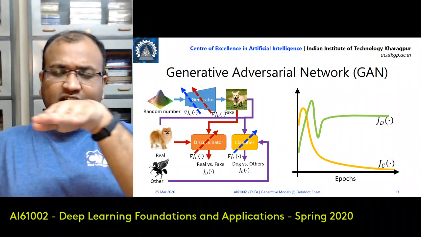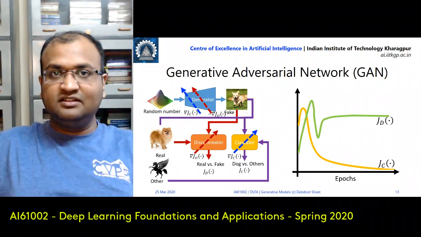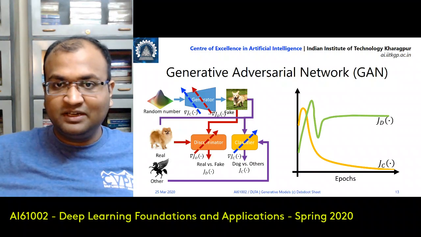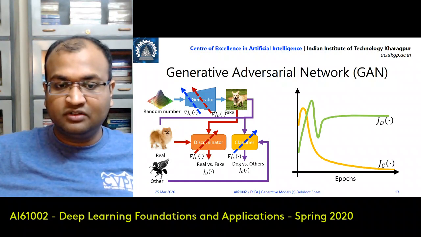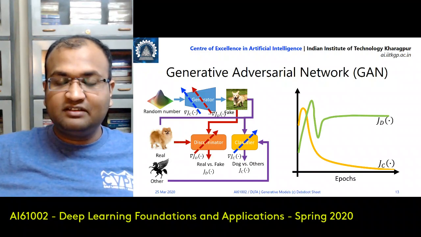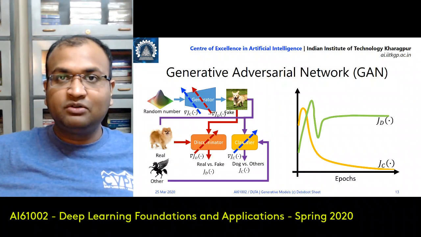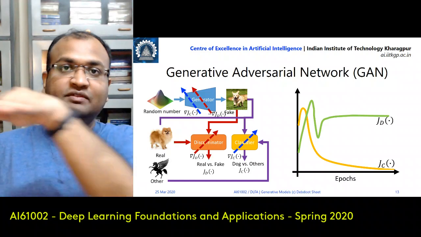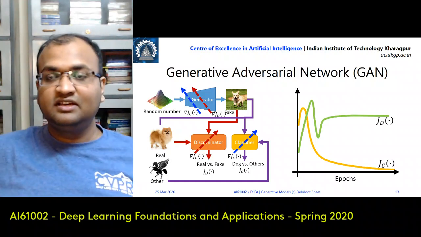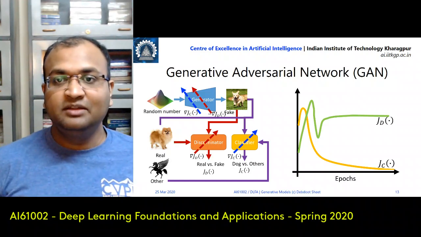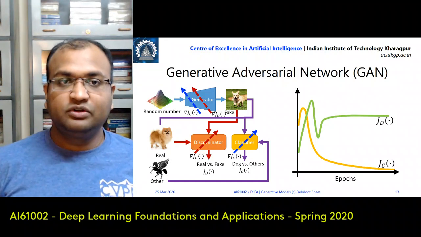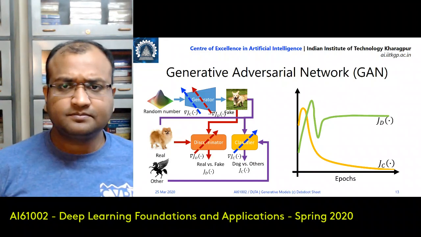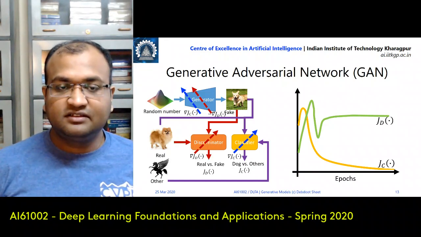So we don't look at the loss because bounding the loss is a big problem. You don't typically know what the upper bound and lower bound for losses are, but we have a very good understanding of the upper bound and lower bound on accuracy. So if you look at the accuracy of the discriminator, you would see that it would be limited at 50%, and that is what would happen when this kind of a model is getting trained adversarially.